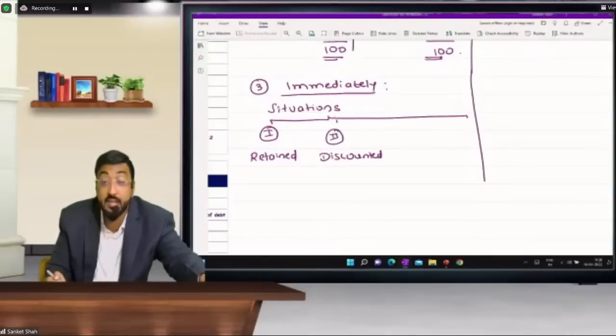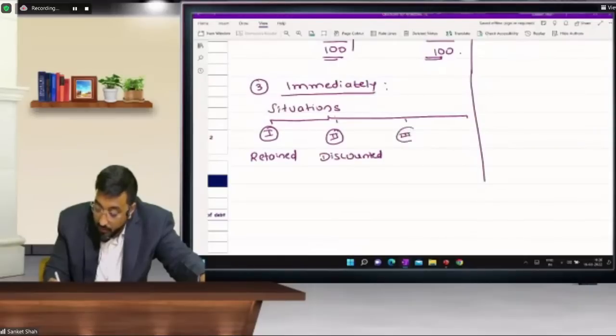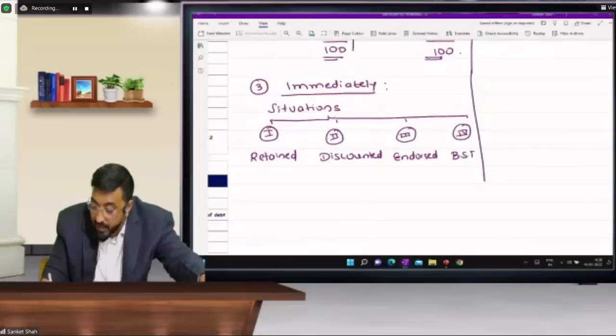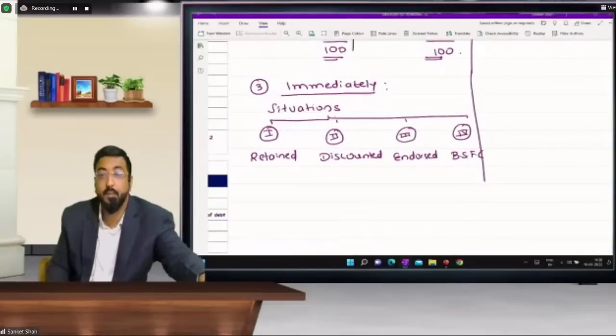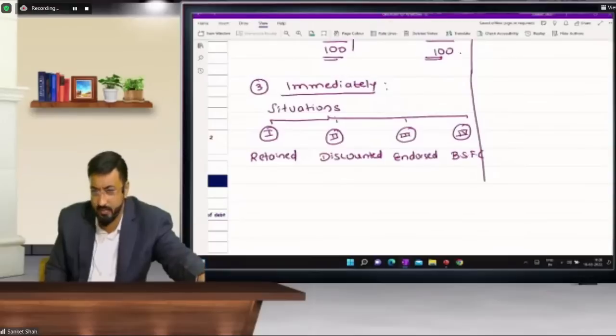Number 3, Y endorsed that bill. And number 4, bill sent for collection. I will explain you one by one case. So just recall these situations.